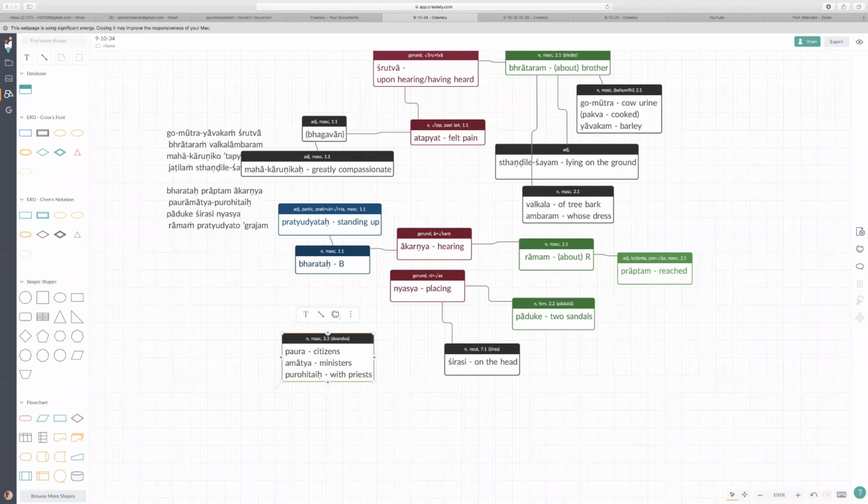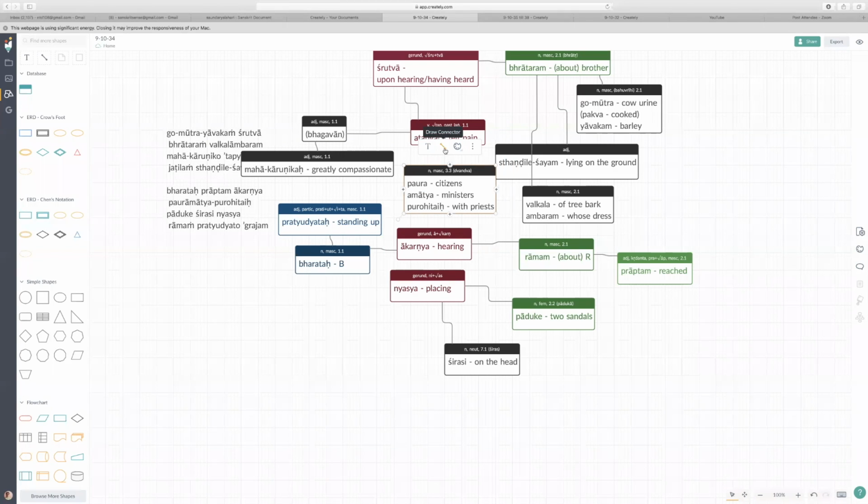Now, what about this tritiya with priests, ministers, and citizens? Where do we connect that to? Praptam. Now, if praptam describes Rama, who has reached the city, Rama didn't reach the city with citizens, ministers, and priests. So akarnya, yeah, is another possibility. So hearing along with those people.